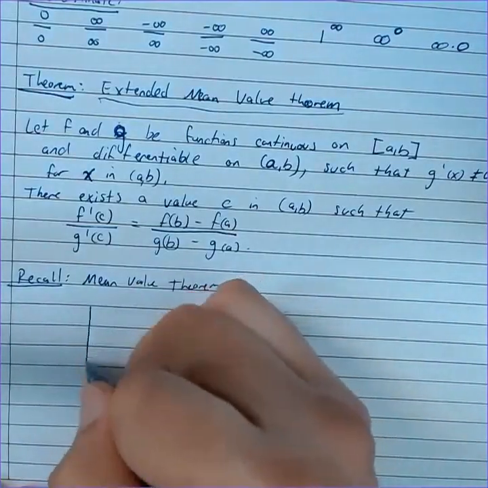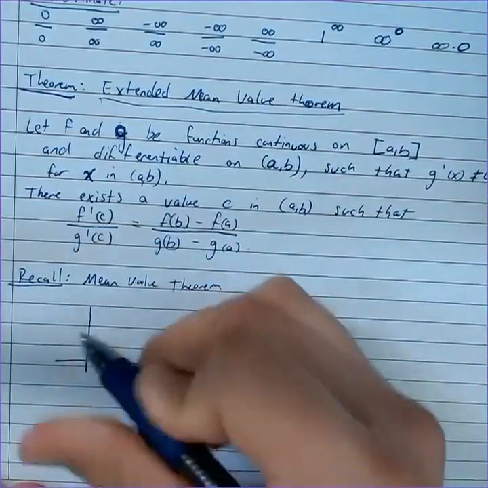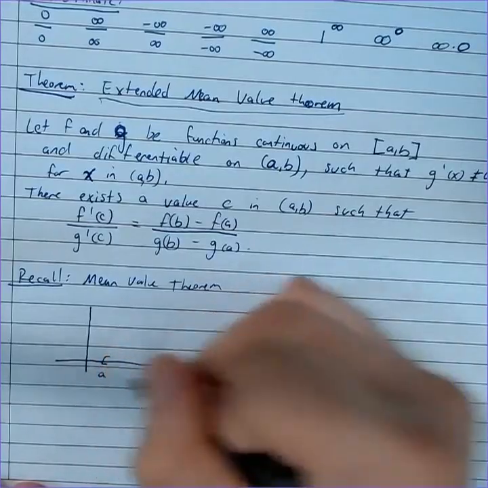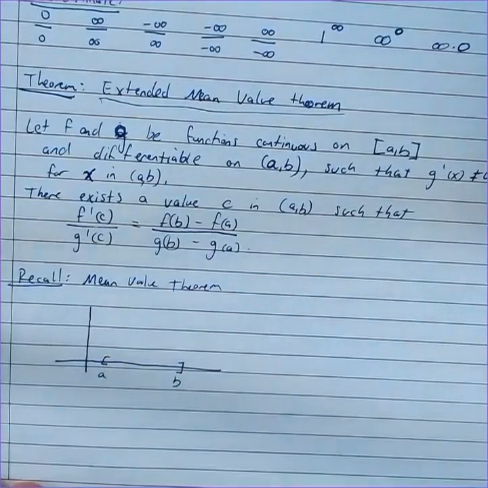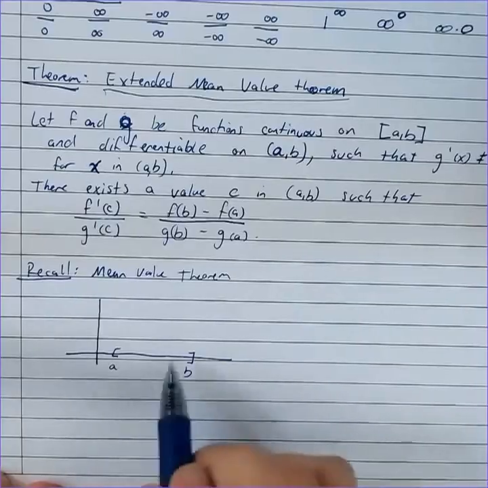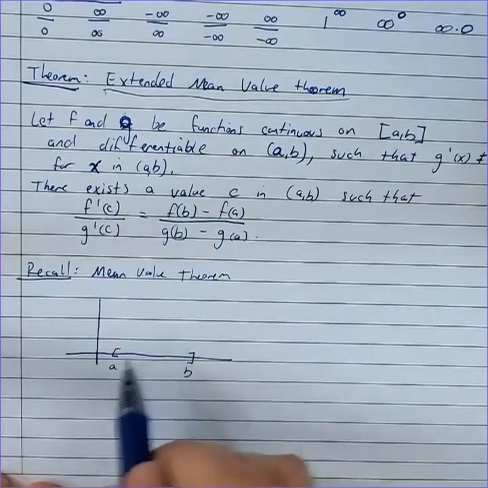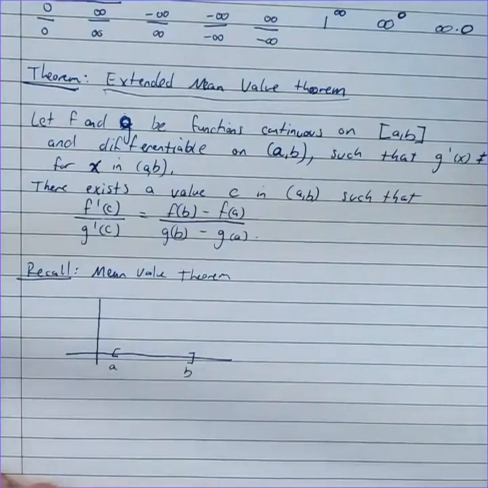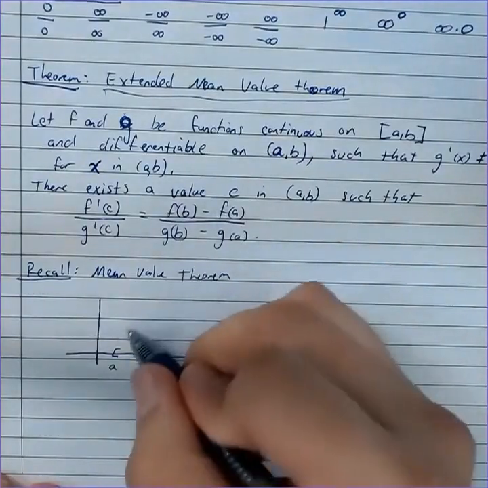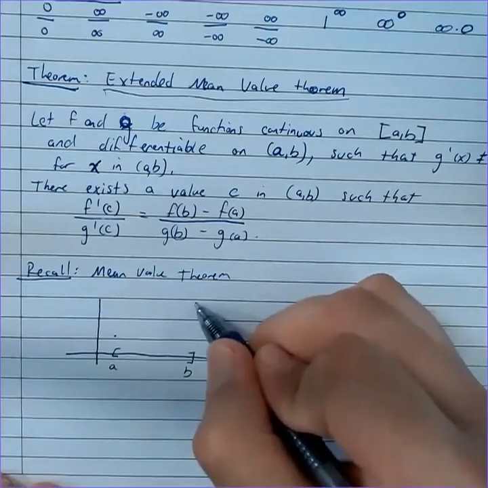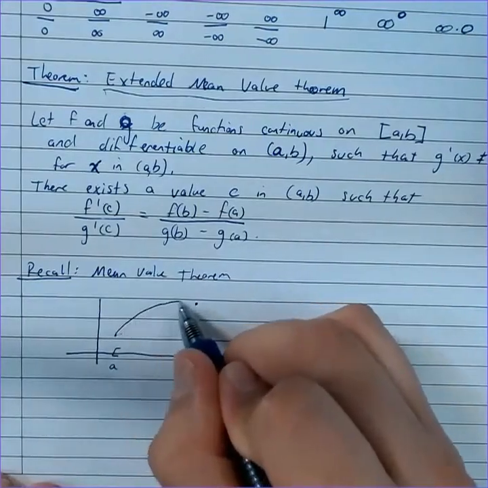Let's say you have a function that is continuous on the interval from a to b and differentiable on the open interval from a to b. So continuous between here and here, including the endpoints, and differentiable between here and here, not necessarily including the endpoints. All right, so you have a function. And we'll just draw it like that.